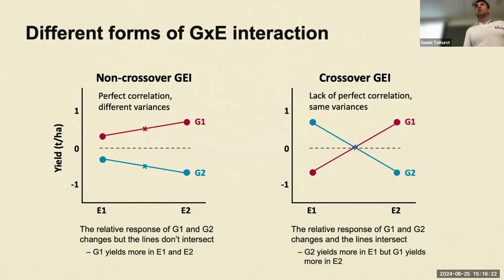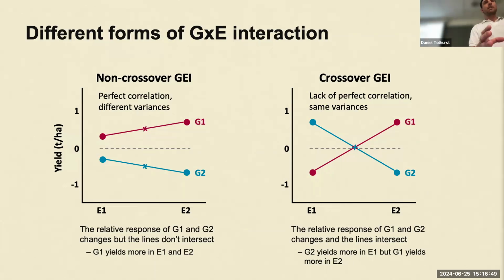And we've got 2 environments, E1 and E2. The classical form of non-crossover G by E is that the performance lines never intersect. So in E1, genotype G1 is the better performing line in terms of yield, say, and in E2, G1 is again the better performing line. There's just a separation in the performance, but the rankings don't differ.